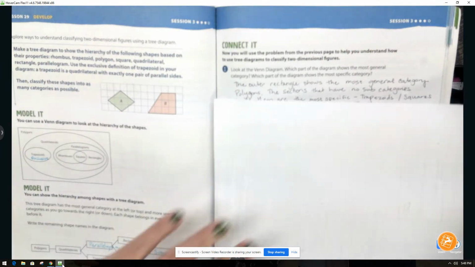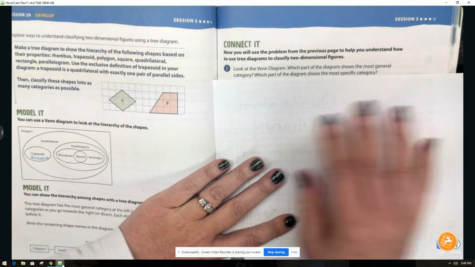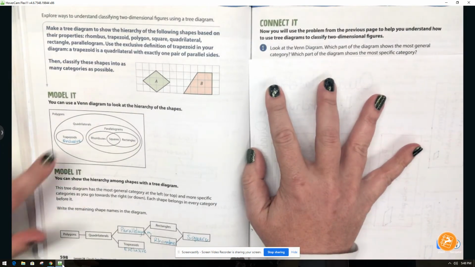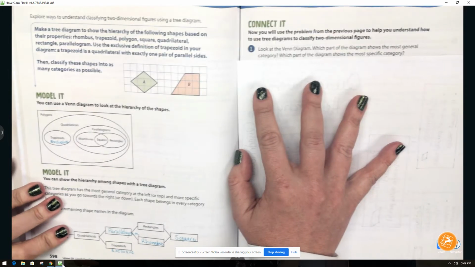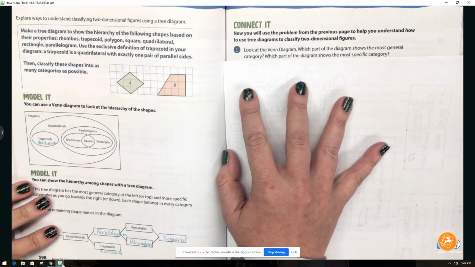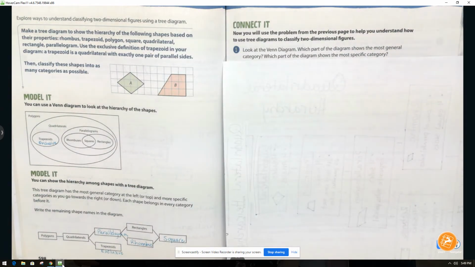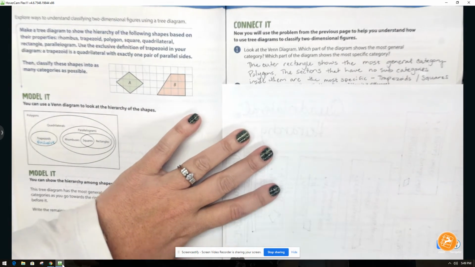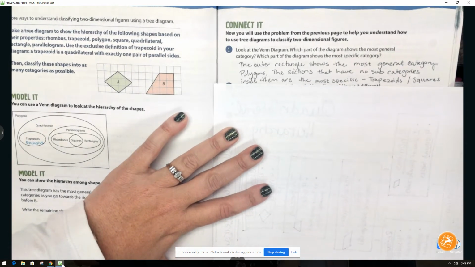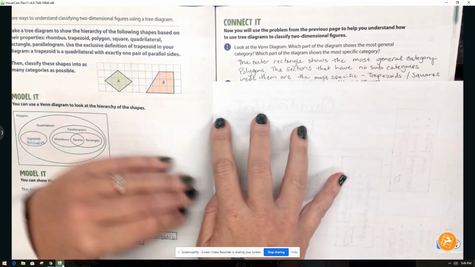All right, let's make some connections. So when we look at the Venn diagram up top, which part of the diagram shows the most general category? Which part of the diagram shows the most specific category? So typically the most general is going to be the biggest shape that's out there, and the most specific is going to be the smallest shape that you can see. So the outer rectangle shows the most general category, which is polygons.